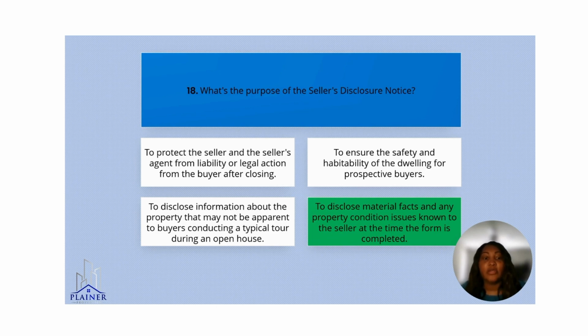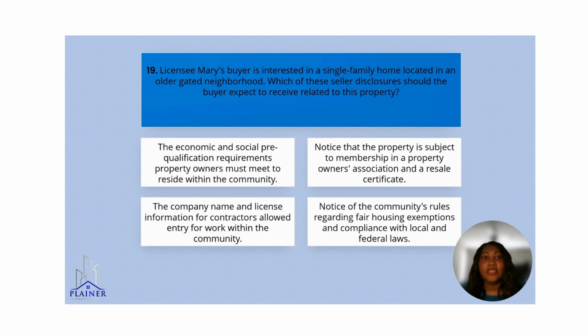Okay, moving right along. Licensee Marie's buyer is interested in a single family home located in an older gated neighborhood. Which of these seller disclosures should the buyer expect to receive related to this property? The economic and social pre-qualification requirements property owners must meet to reside within the community.